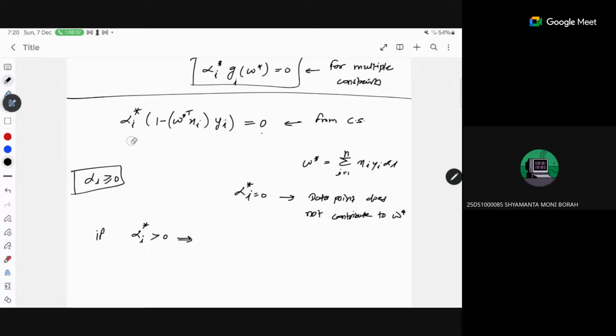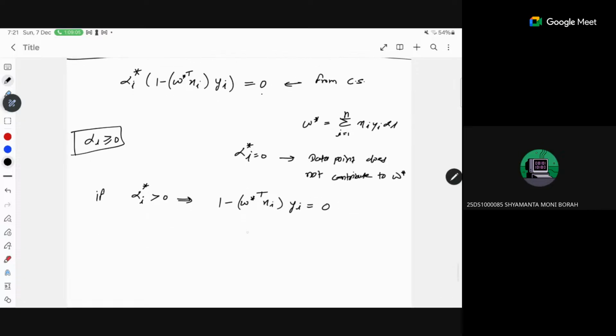That has to be 0. So that means 1 minus w star transpose xi yi equals 0. What does it again mean? That is, w star transpose xi yi equals 1.